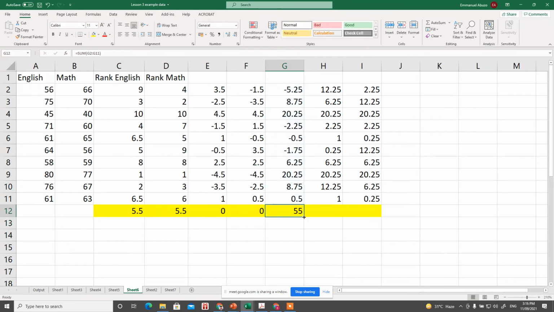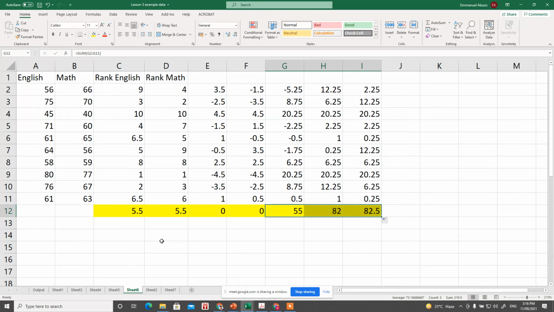Sum, and then sum of these. So we have 50. The sum of the product is 55. The sum of the squared differences in English is 52. The sum of the squared differences in mathematics is 82.5.